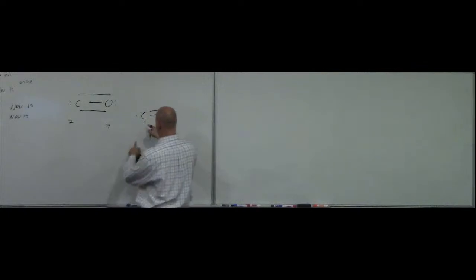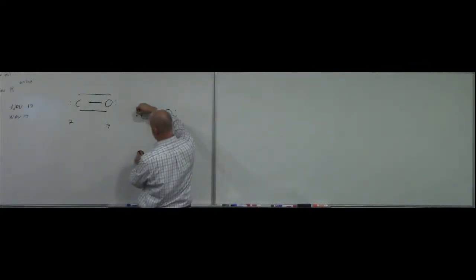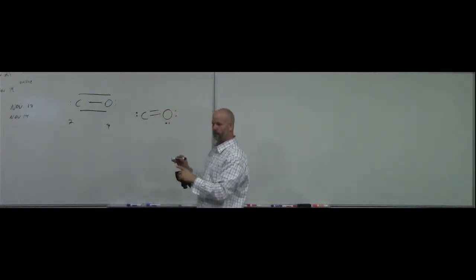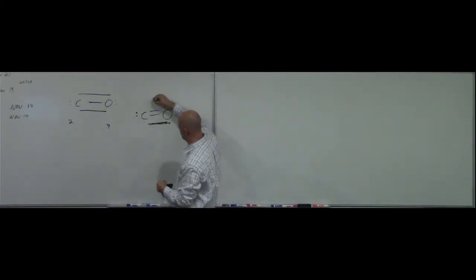I'll deal with that in a second. So here's oxygen. What happens for carbon is instead of sharing this way, these two are going to fill the same orbital. And now oxygen is basically freely going to share both of these across this. So this is just a standard double bond.